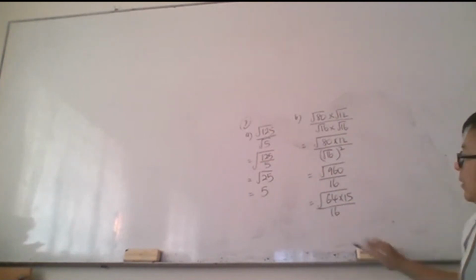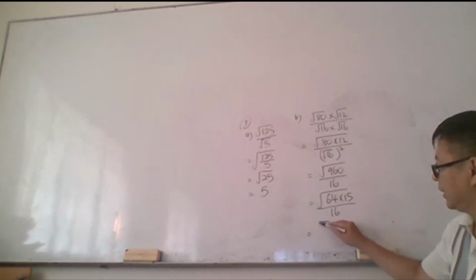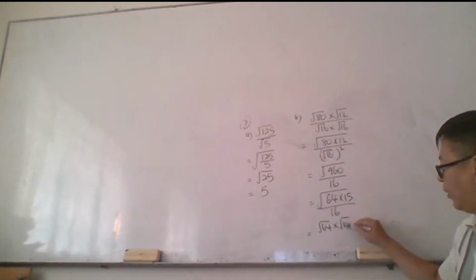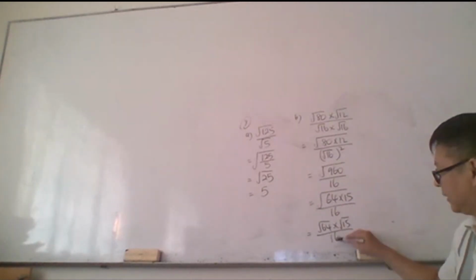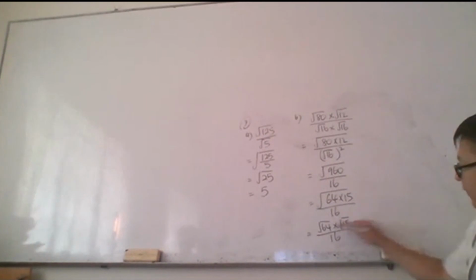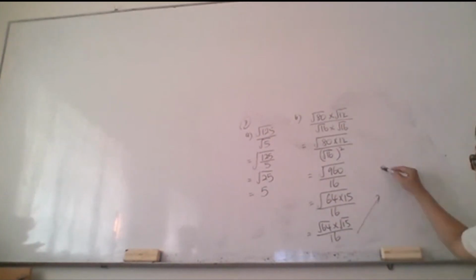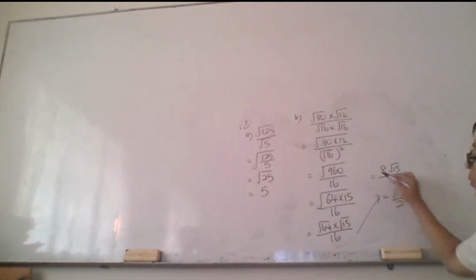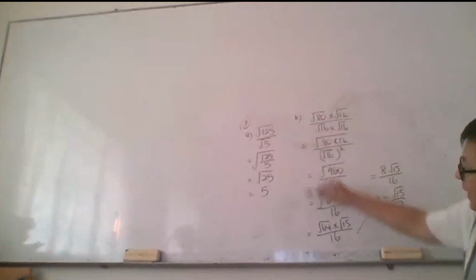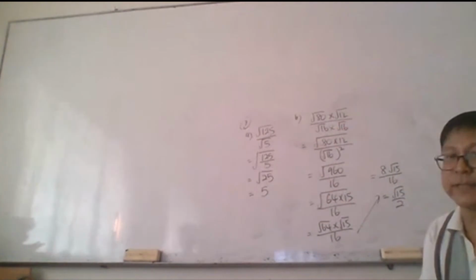Then this is square root 64 times square root 15 over 16. Eventually, you may have 8 square root 15 over 16 and get square root 15 over 2. Okay, this is one of the answers.